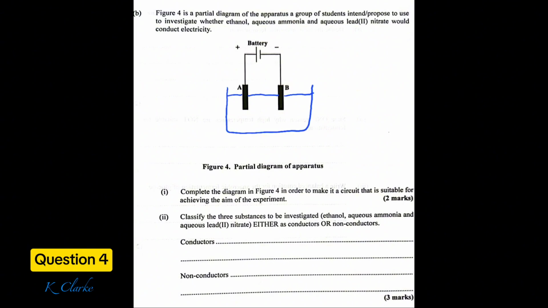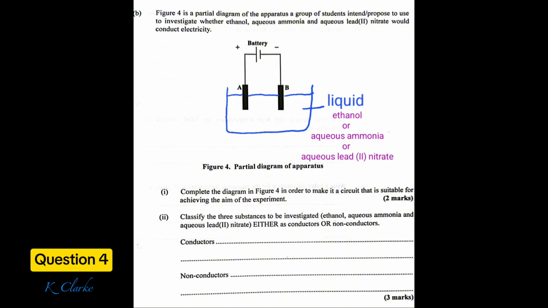First, draw a container with the electrodes immersed in the liquid. Now we write liquid because this is an experiment and we are not sure which is the electrolyte. The first trial for the experiment, the liquid could be ethanol. The second trial, aqueous ammonia.